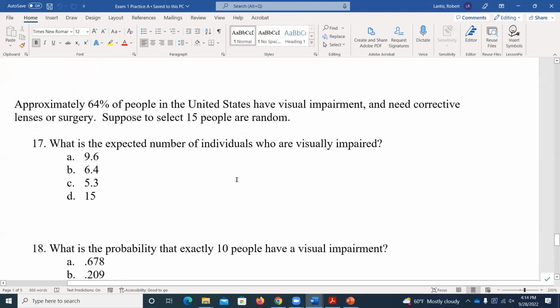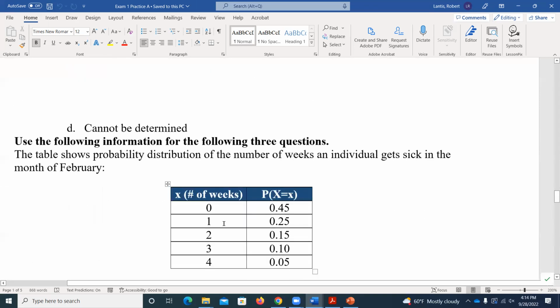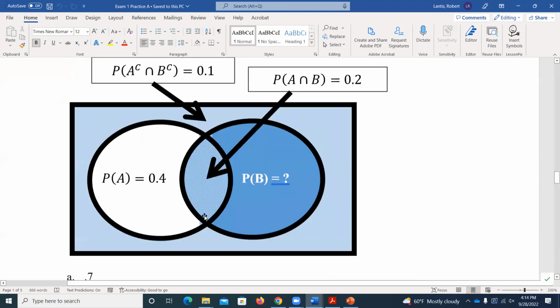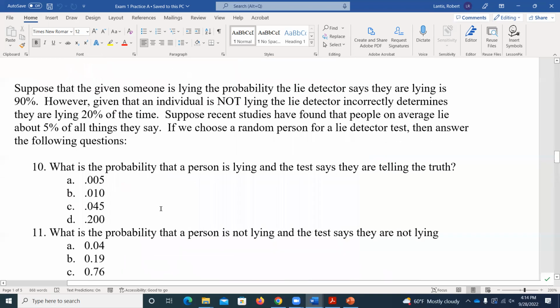Will we have graphs or anything? No, I won't make you draw any graphs, but I'm not going to necessarily give you the types of things you'll see on these practice exams. You'll probably see tables that tell you the probability of different outcomes for X. We kind of did problems like that in class.